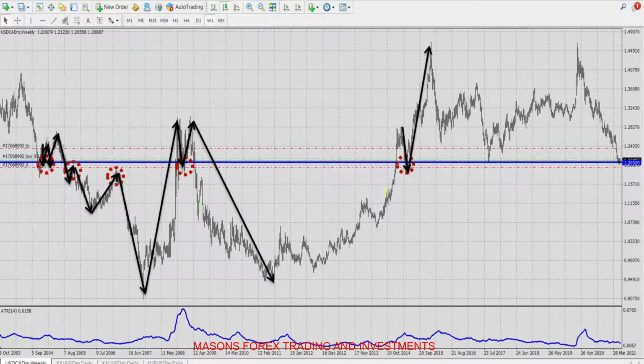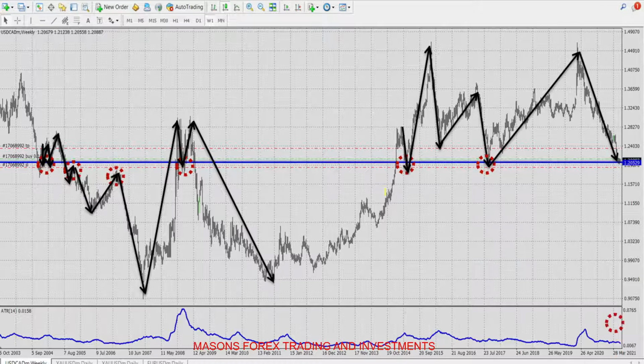Again, you can see we come to this level and we react and we move higher. We come into this level again, 1.20529, and we react again. We move away. So this is where we stand currently. My expectation is for price to go higher.